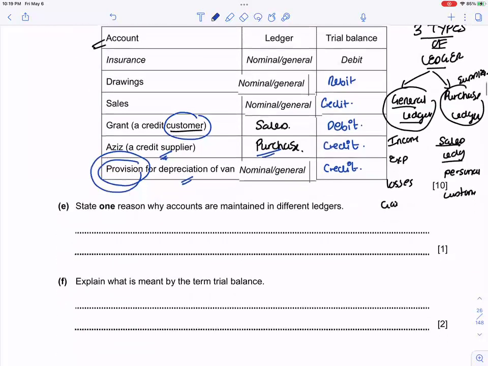Come on. Why accounts are maintained in different ledgers? We did it yesterday. Try to recollect.